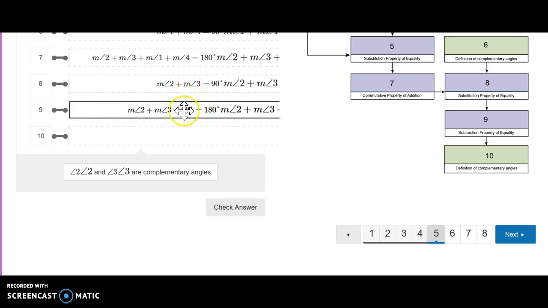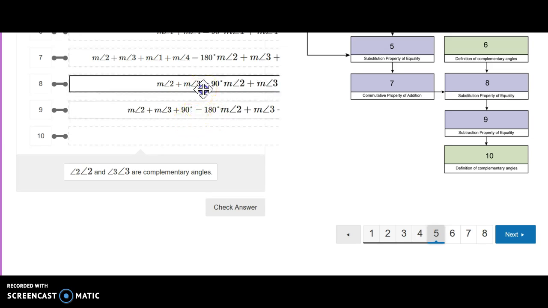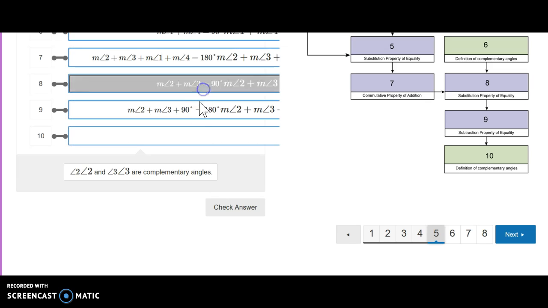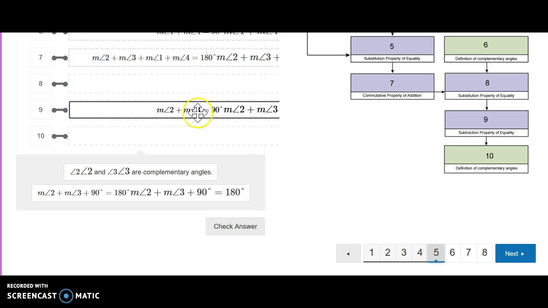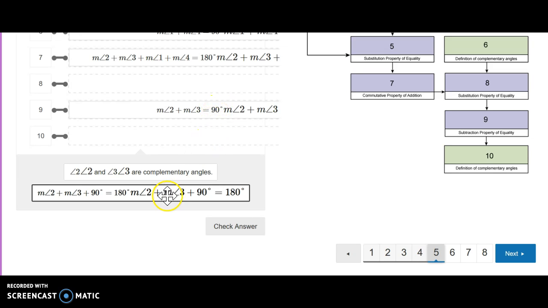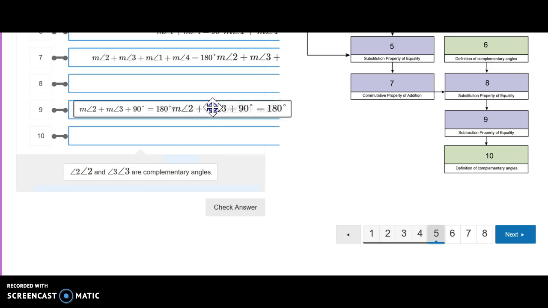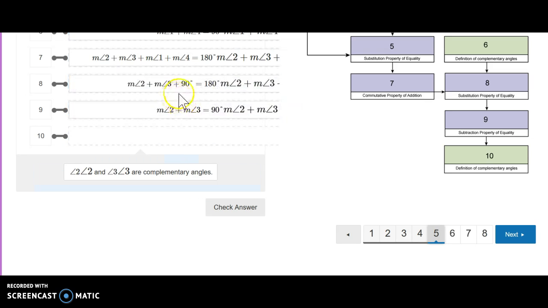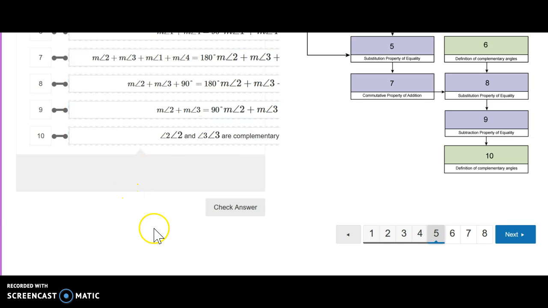We subtracted 90 from both sides. Oh, I got these mixed up, obviously. Yeah, this one goes there. Then we subtract 90 from both sides, and we get the measure of angle 2 plus the measure of angle 3 equals 90. And we know this is our last one because it's what we're proving.